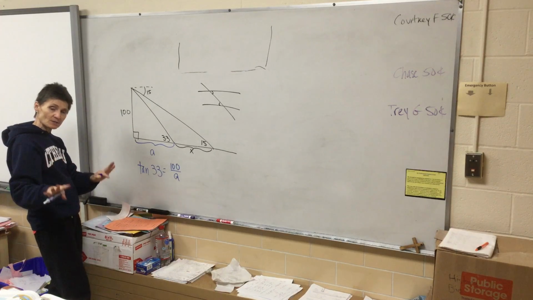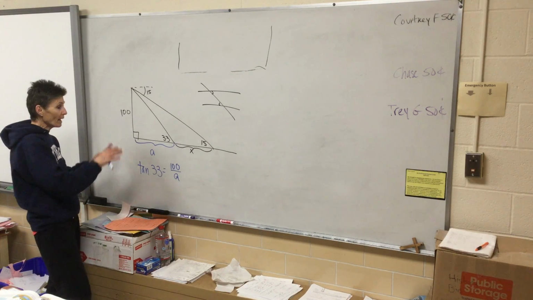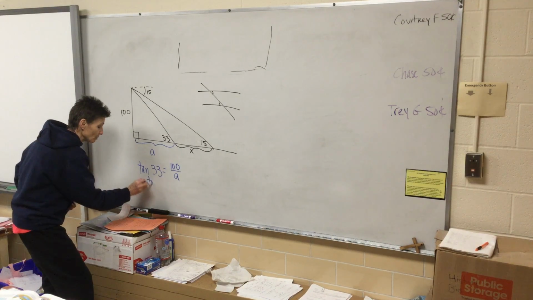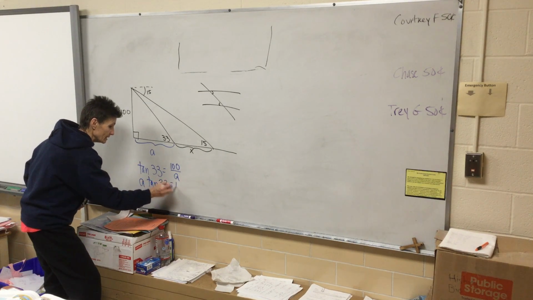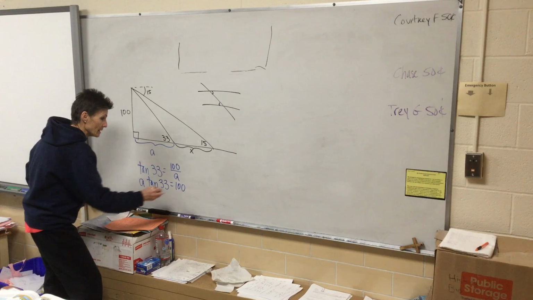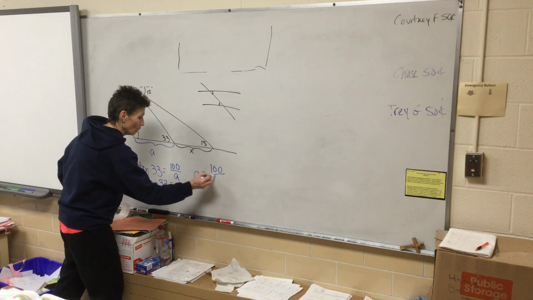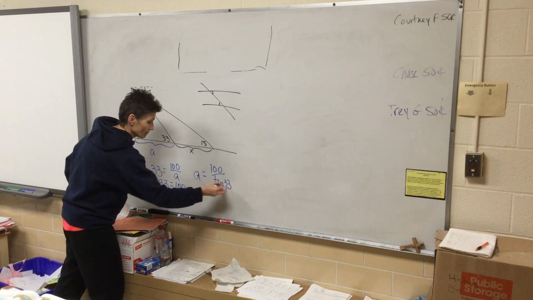Now, A is not the answer to the question, but it might help me get the answer. So A tan 33 equals 100, and A is going to equal 100 over tan 33.